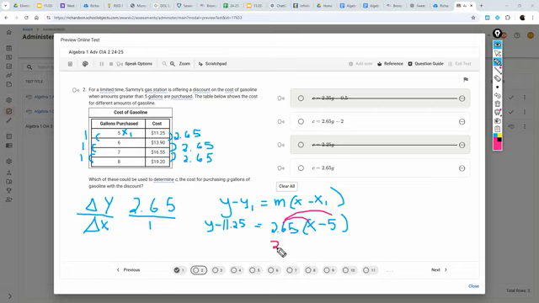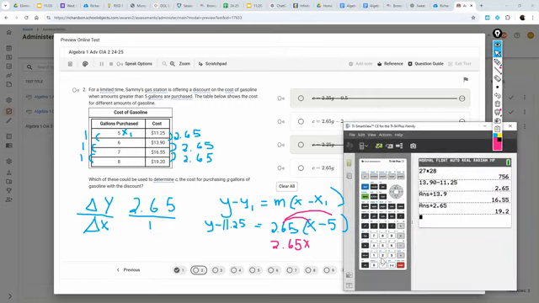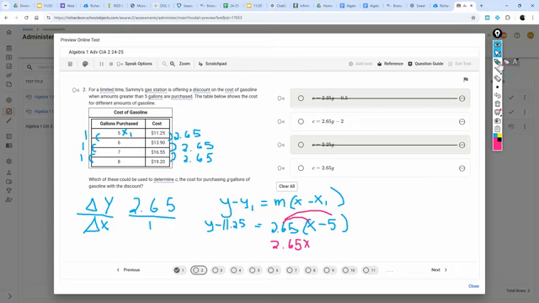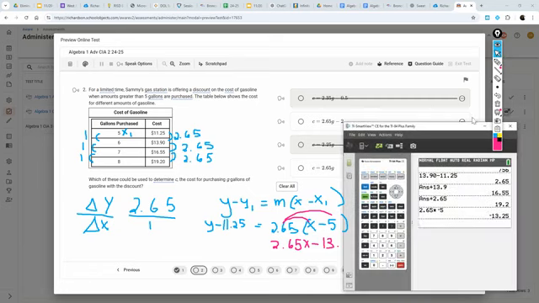I know this is going to be 2.65x. I'm going to multiply that 2.65 times -5. I'm going to get negative 13.25. I got to check, make sure. 25.